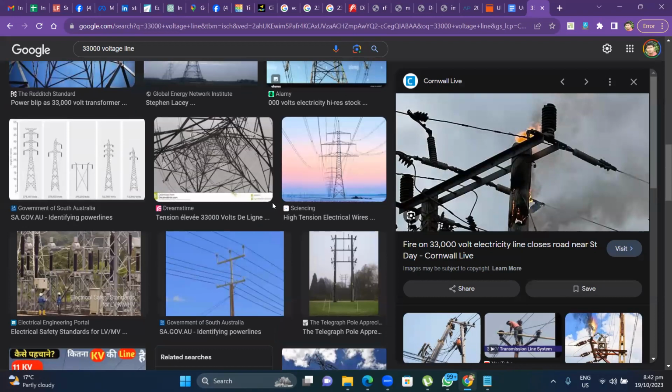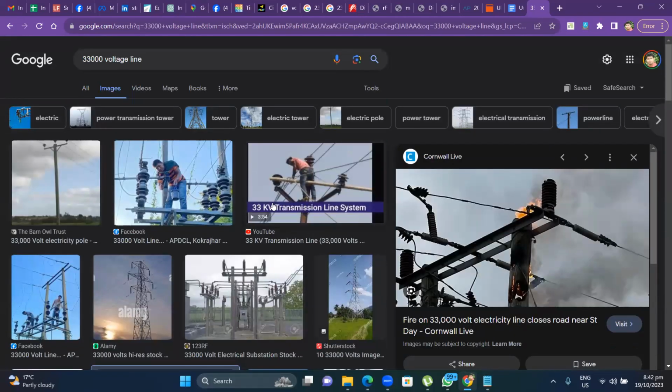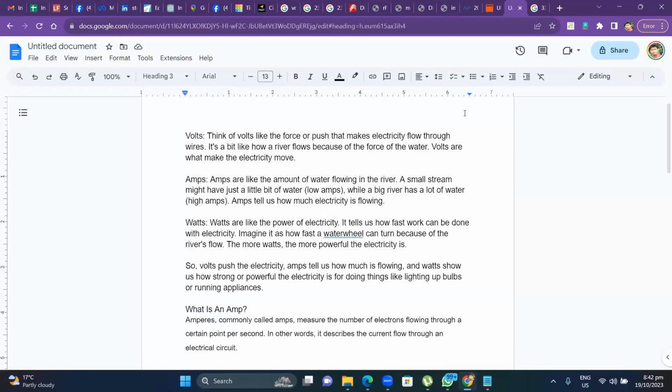Some bats have died because of the current. Even 230 is deadly, 11,000 is anyway deadly, and 33,000 is even more.